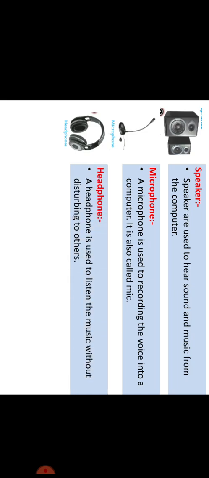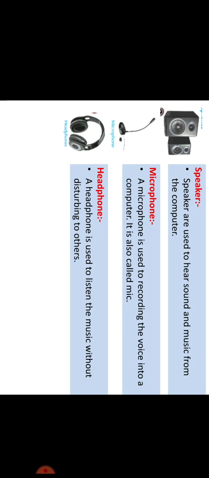Okay. Now the next part is headphones. A headphone is used to listen to music without disturbing others. Have you seen this headphone? We can put it on our head, on our ears.